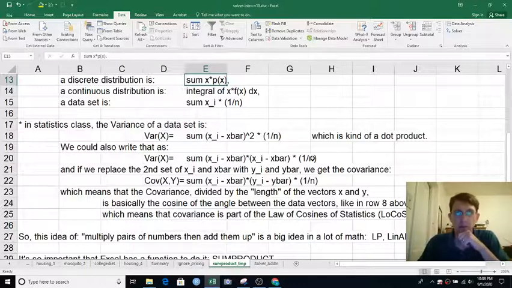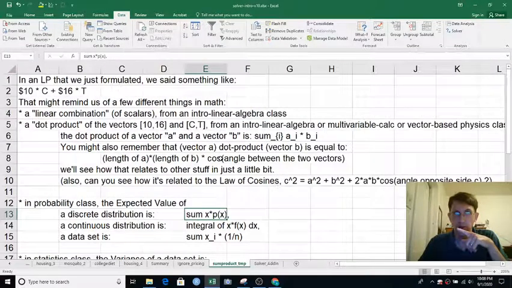And then here's where life gets even more interesting. If I don't want to just take the variance of a single data set, but I want to say how two paired data sets are related to each other, I can take the covariance, where I just replace this x and this x bar with y and y bar. So that's the definition of covariance. And notice that that's basically doing a dot product.